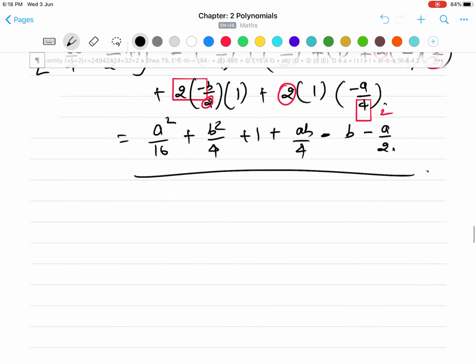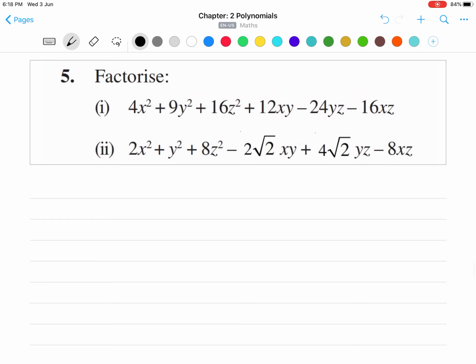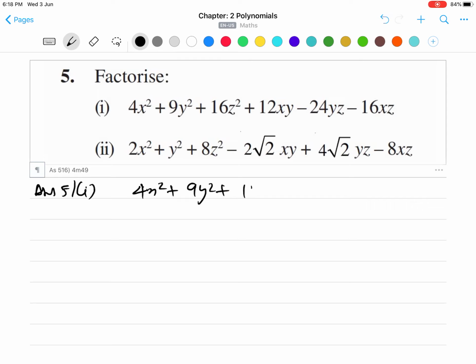Now moving to the next one, question number 5. We have to now factorize these given polynomials. So let's start answer number 5. Part 1, we have 4x square plus 9y square plus 16z square plus 2xy minus 24yz minus 16xz.